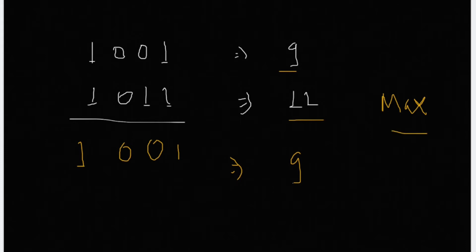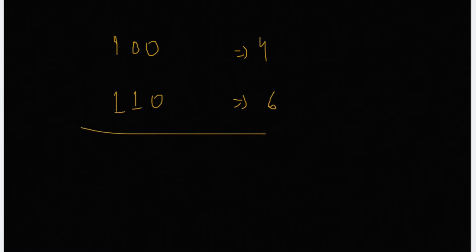So let's take another example. Let's say 4 and 6 as my other numbers, so 6 will be written as this, and if I were to perform bitwise AND among these two numbers, I know that 6 is the maximum value among these two.